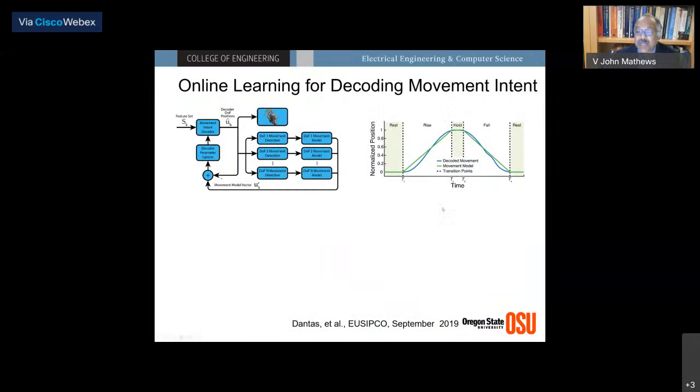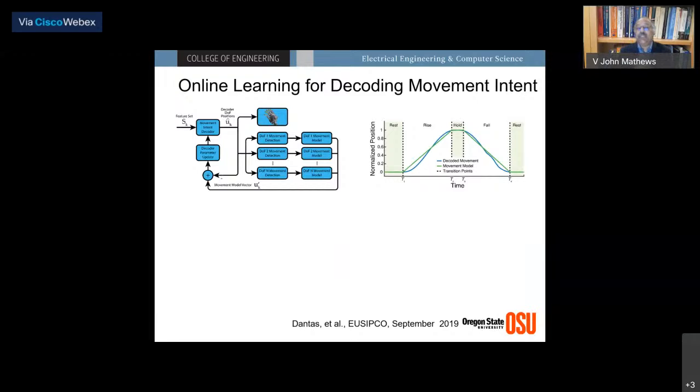Finally, I want to talk about online learning, or adaptive implementation, of these decoders. The idea is you start with a trained decoder, but you continue to train it, or continue to learn, as new data comes.